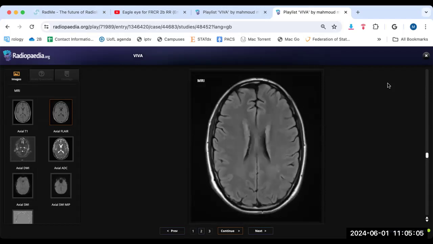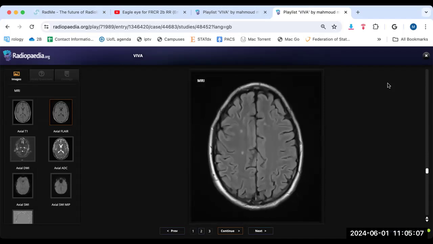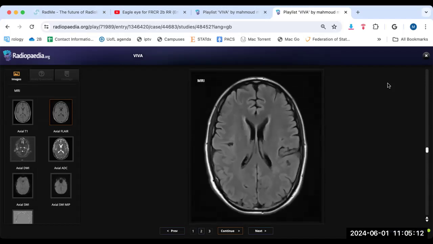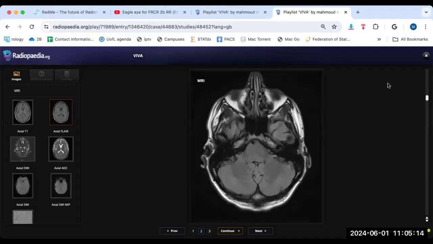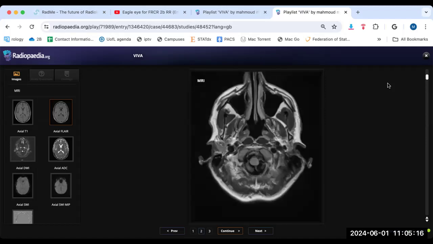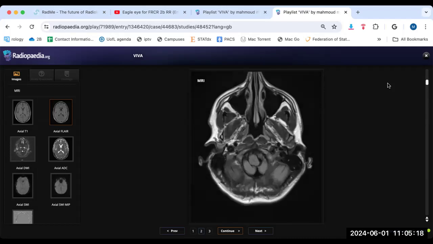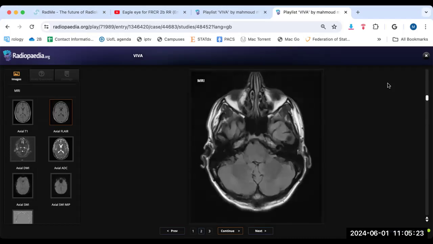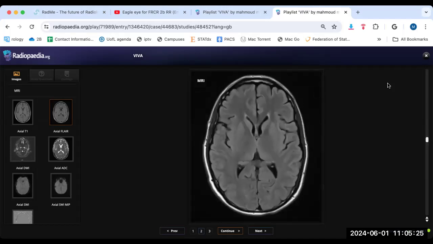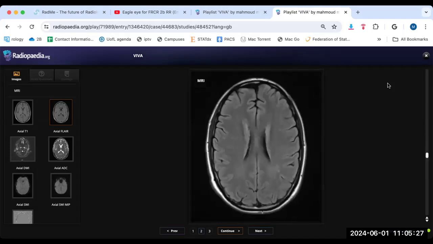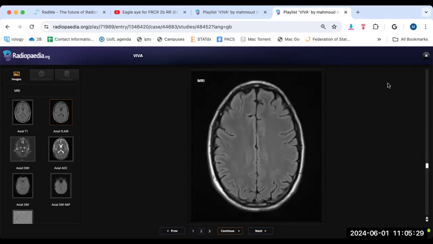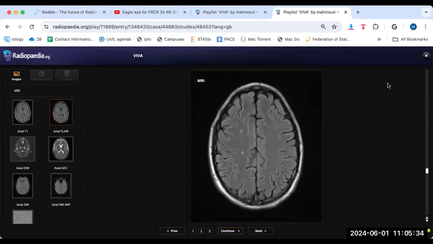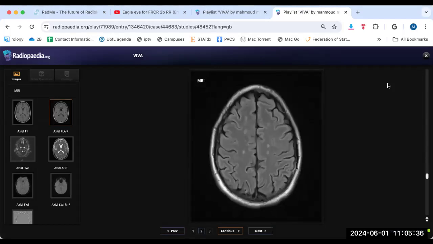There are tiny non-specific FLAIR bilateral white matter and centrum semiovale signal intensities. I think it's non-specific. Where are these hyperintensities? Bilateral deep white matter and high in the centrum semiovale.